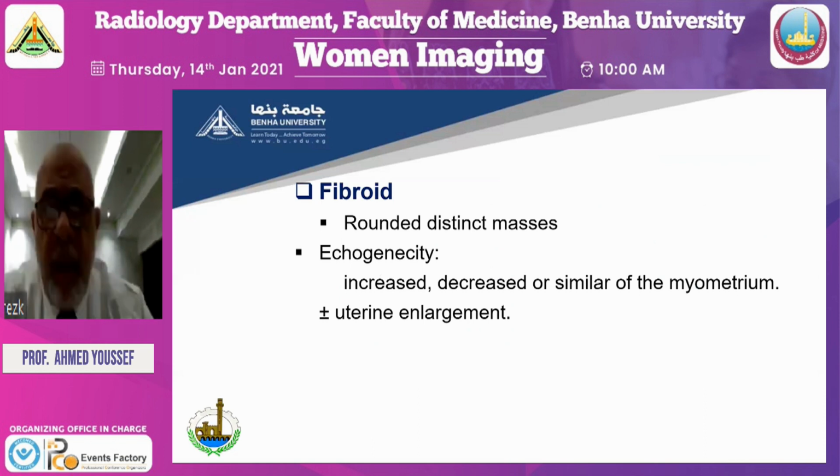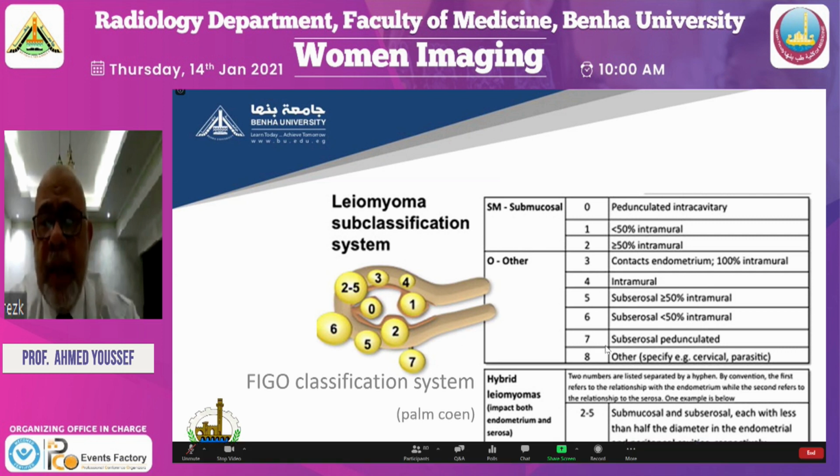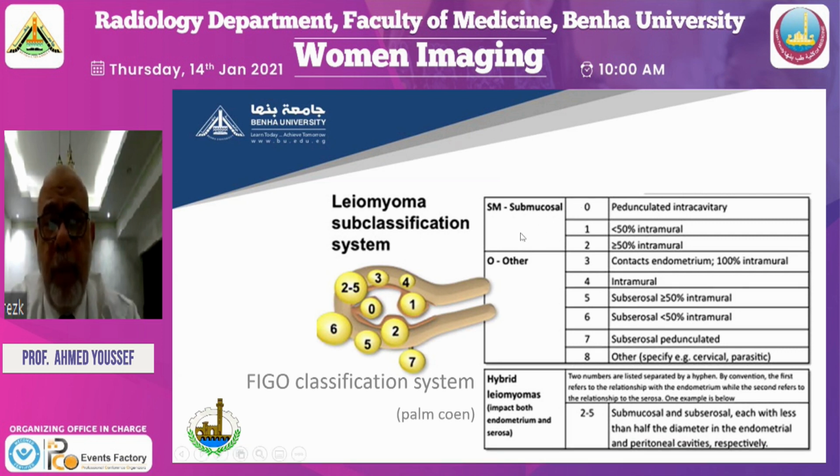So, regarding fibroid, it is a rounded, well-defined mass with echogenicity either increased, decreased, or similar to that of the myometrium, with uterine enlargement. According to the FIGO, International Federation of Gynecology and Obstetrics, there is a classification for the presence of the myoma.